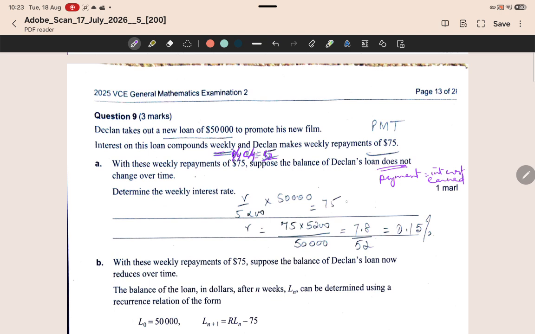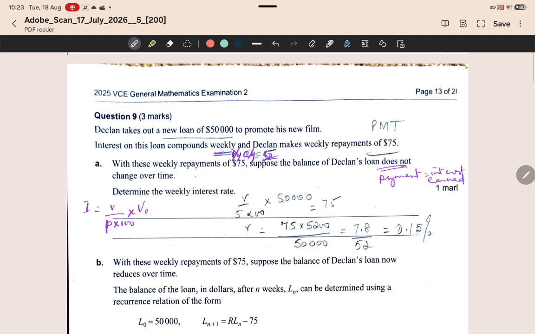Now, in order to calculate the repayment, which is equal to the interest earned, the formula would be: interest is equal to the rate, because it is on a weekly basis, you've got to include the P value, the number of times it's calculated per year, times 100 of its original value.